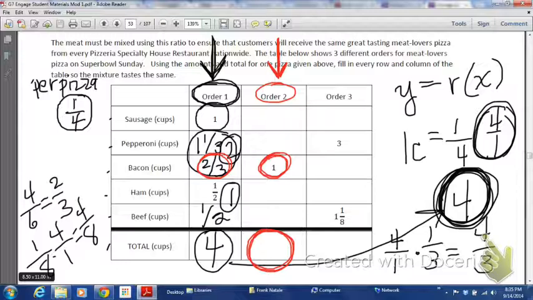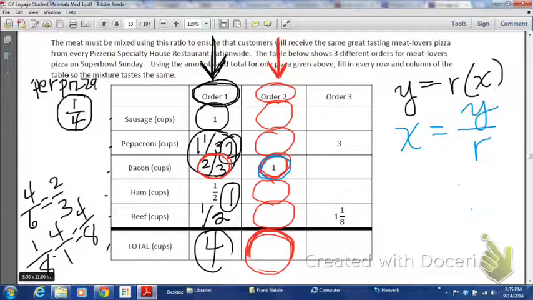So all of your numbers here should be, I'm giving you just one hint, more than they were in order 1. Go ahead, complete that. Complete 3 as well, and I'll come back and have the answers for you.